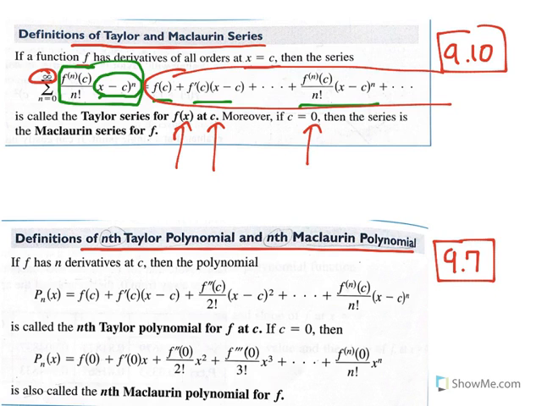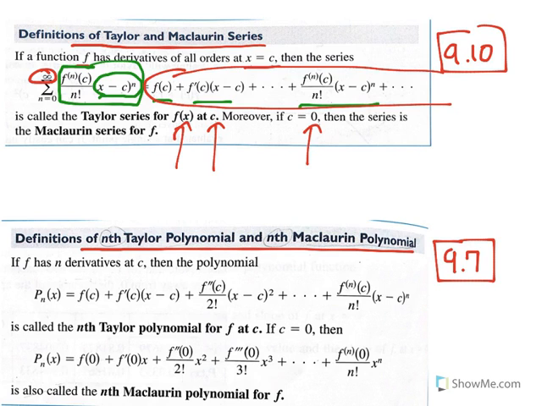Compare that to what we did in section 9.7, where we learned about nth degree Taylor polynomials and nth degree Maclaurin polynomials for functions centered at c. If c is 0, we had an nth degree Maclaurin polynomial.